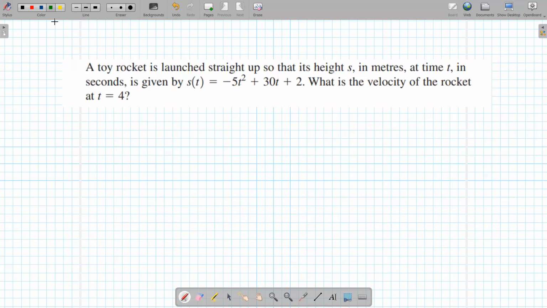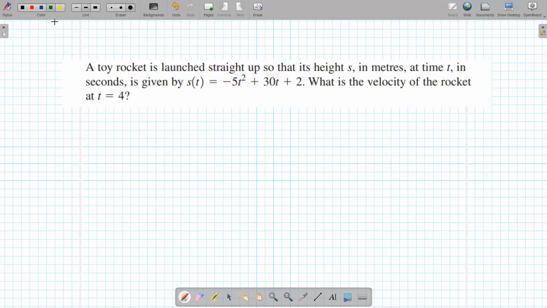Now look at this. What is the velocity of the rocket at t equals 4? What do you think they're asking?